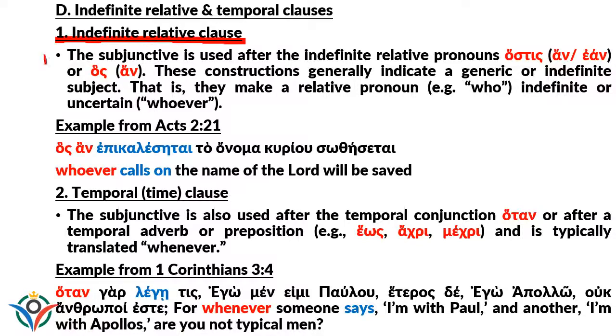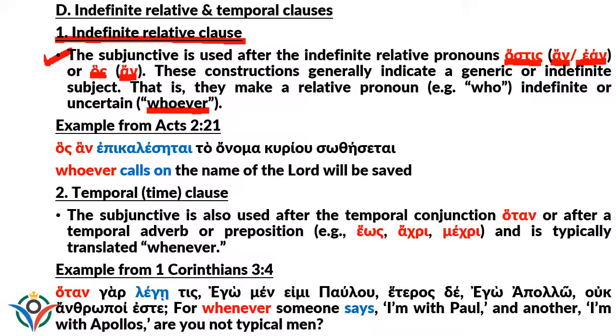So it says here, the subjunctive is used after the indefinite relative pronouns hostis with an or ean, or hos and an. These constructions generally indicate a generic or indefinite subject. That is, they make a relative pronoun, for example, who, indefinite or uncertain. So we would translate it as whoever.